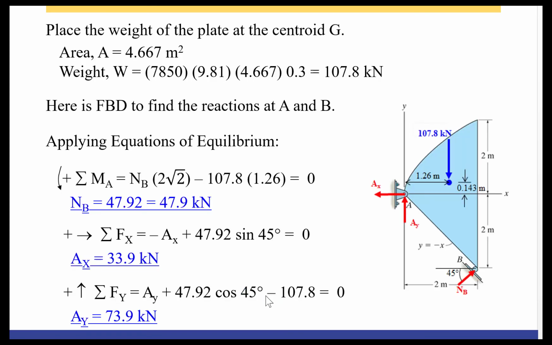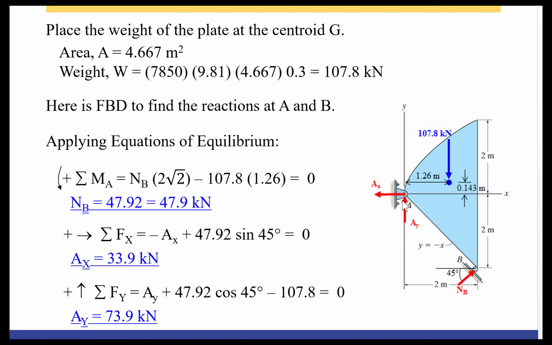So this is going to drop into this problem. Now, drawing the free body diagram, the total weight is equal to the area multiplied by the density, multiplied by the thickness, multiplied by g, right? That's going to give you the total weight, and you can convert that to kilonewtons.